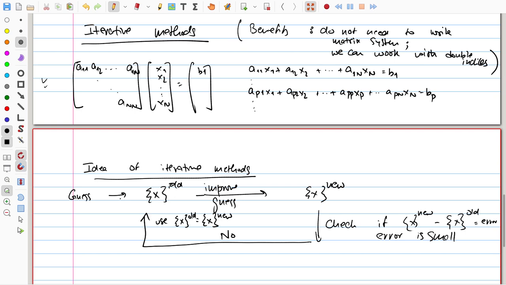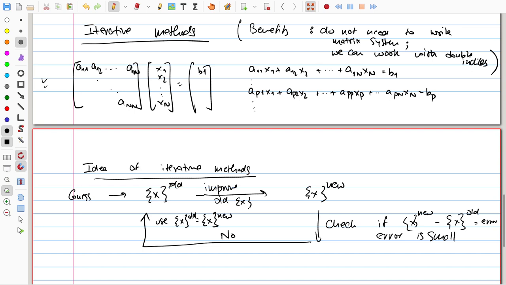so we started with a guess, you got an x old, you improve it, improve old x, you get a new x vector. You check if the error is small. If the error is not small, you start again, this time you make the current new values as old and then you improve it further.